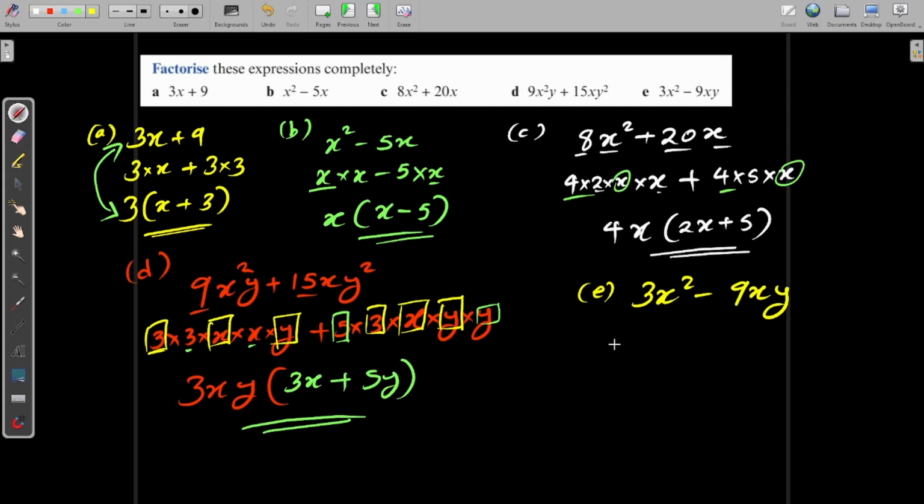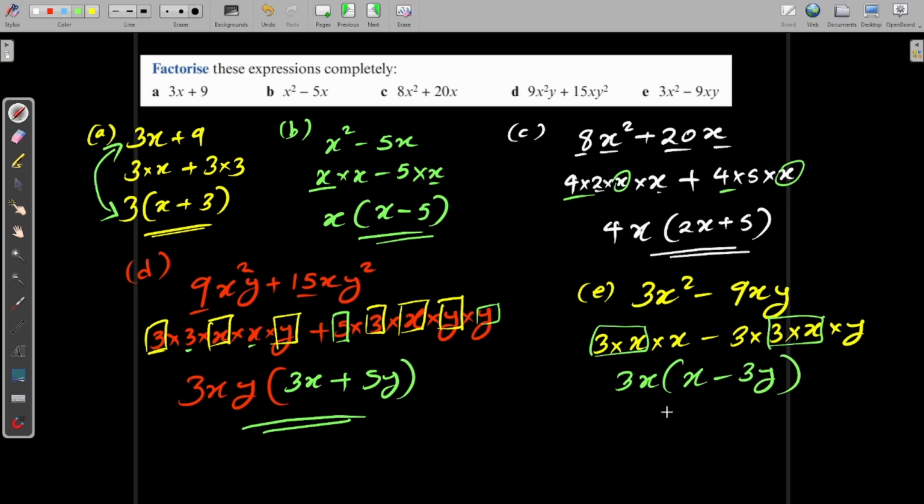I can write 3x to the power 2 as 3 times x times x, and 9xy as 3 times 3 times x times y. So we have common 3x in both of the terms. So I can take 3x out as the common factor, and we are remaining with x minus 3y inside the bracket. If you expand the bracket, you should always get the original expression we tried to factorize.